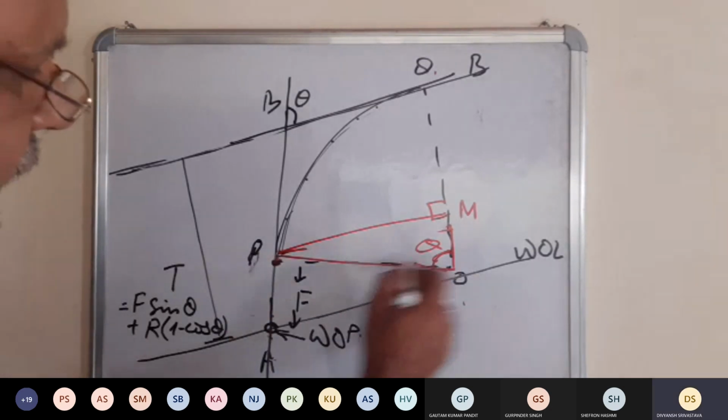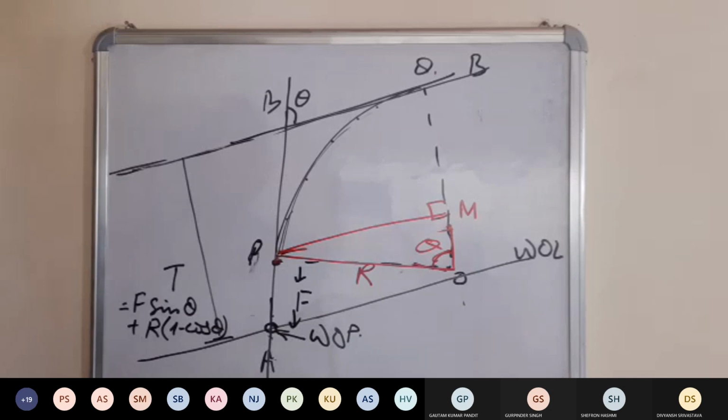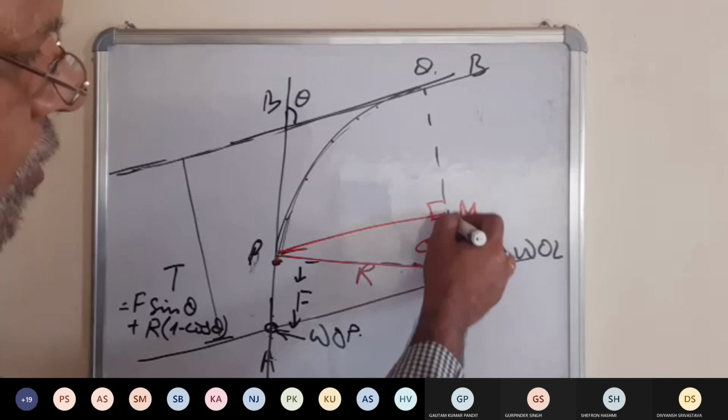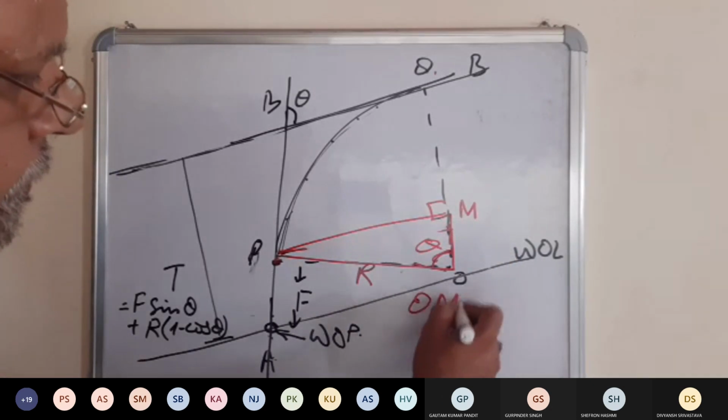In which we have the hypotenuse as R, so tell me the value of OM.